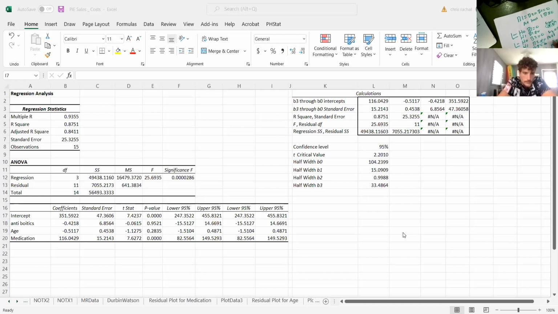So if we were to write the equation for this model, it would be the amount of hours that they stayed is equal to 351 plus -4 plus -5 plus 116 plus or minus 25 hours.